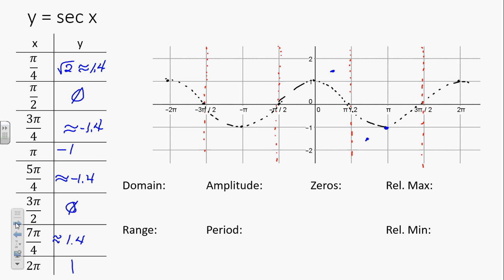And then at 5 pi over 4, we're at a negative 1.4. And then we're undefined. And then over at 7 pi over 4, we're going to be at 1.4. And then at 2 pi, we're going to be at 1. At 2 pi, it's the same as 0, so we'll also be at 1 here.